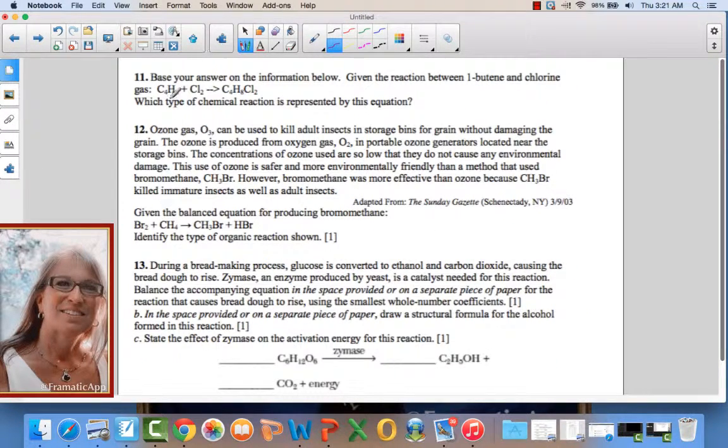Oh my goodness. Let's see. What type of chemical reaction is represented by the equation? I have 2 products. I wind up with 1. C4H8 fits the formula for an alkene. Table Q, because my hydrogens are double my carbons, so this is addition.